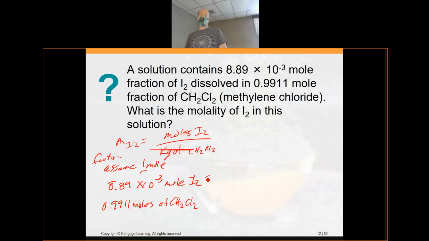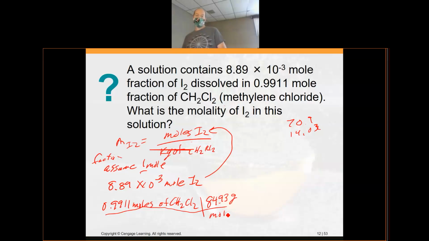We need moles of iodine. There it is. We just plug that in right there. And now we need to convert these moles into kilograms. So you just take the molar mass, 70.9 and 14.3, 84.93 grams per mole.